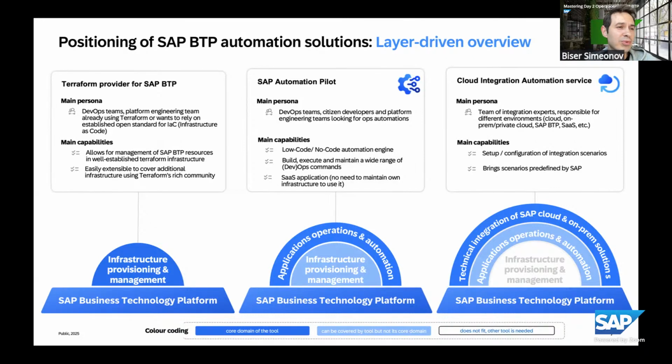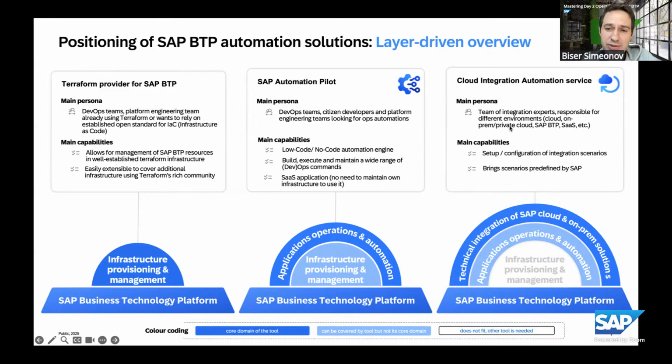It's quite helpful. You can automate provisioning of sub-accounts, create users, assign roles, and entitle the needed services and applications in BTP. But when it comes to long-term management of that infrastructure, the Automation Pilot is not the tool to go with; rather, you should look into the Terraform provider for SAP BTP.